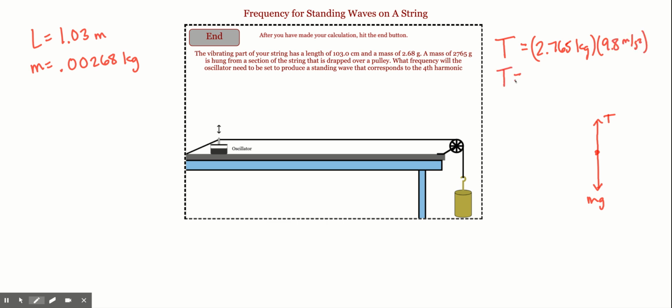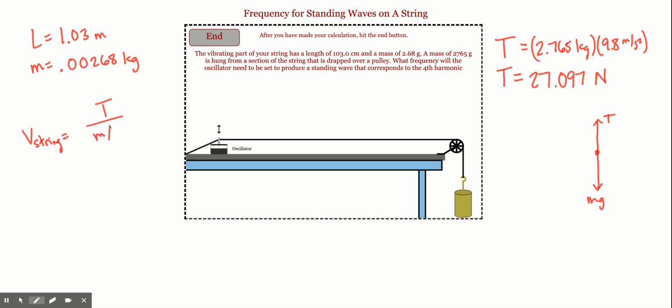And so the tension in the string is going to be, let's see here, 2.765 times 9.8. Tension of the string is going to be 27.097 newtons.